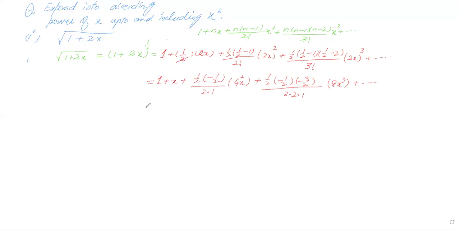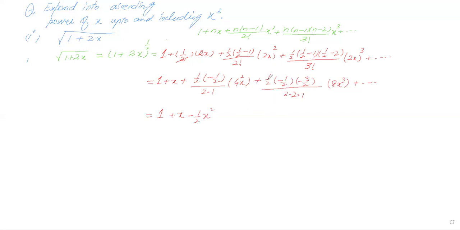Just try to simplify with the help of the calculator with the same fractions. We have the 1 plus x. After cancellation, I will get minus 1 by 2x here. You have to use the calculator a lot.